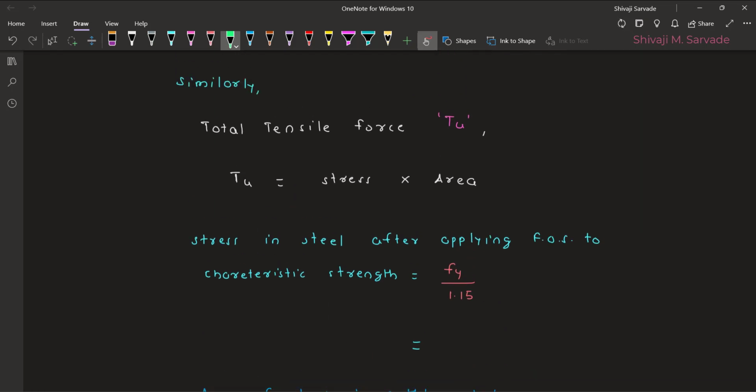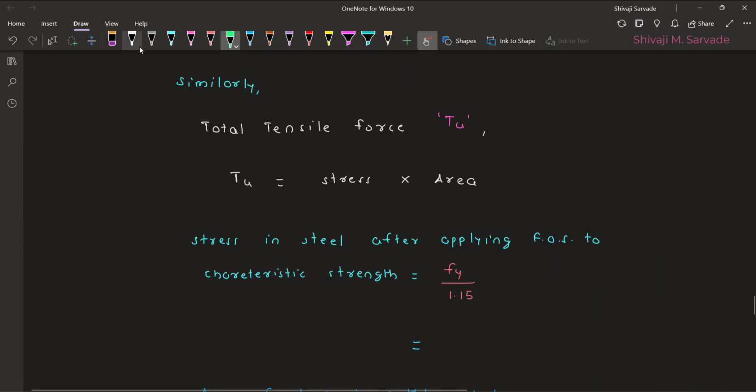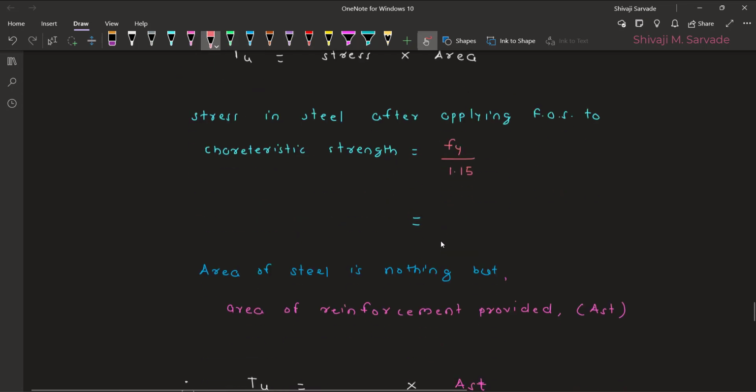If we do division of 1 by 1.15, this is the factor of safety for steel, and it comes out to be 0.87 Fy. So the stress in steel is always 0.87 Fy, and that depends on what grade of steel we are using.